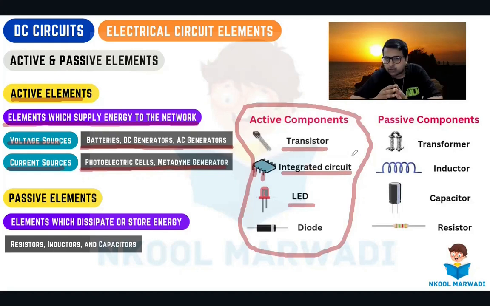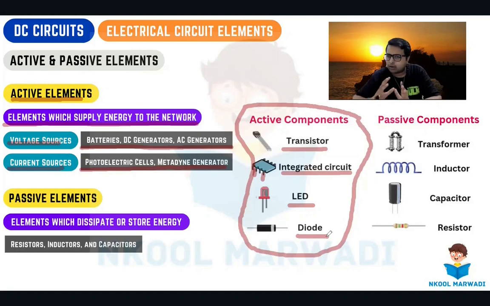Now LED. How can an LED be an active component? The idea is that an LED converts the electrical energy into light energy, but it does not dissipate or waste the energy, because it is converting it into light energy. So it is utilizing that energy, and hence we can say an LED is an active component. And a diode also controls the direction of flow of current. With the help of the diode, I can change the direction of current, and there are many applications which you will study later on.